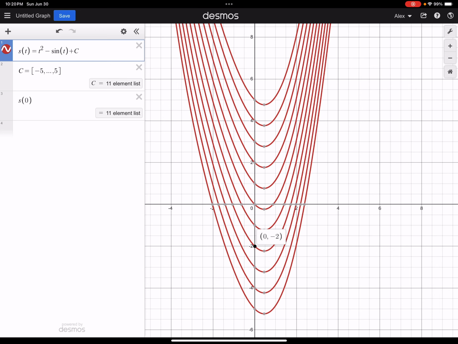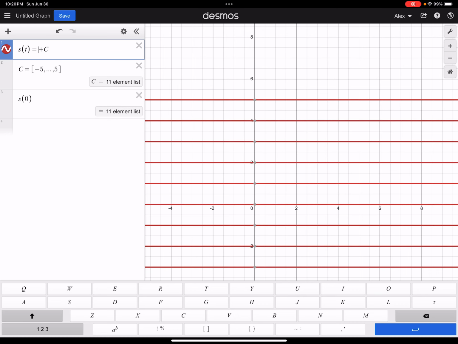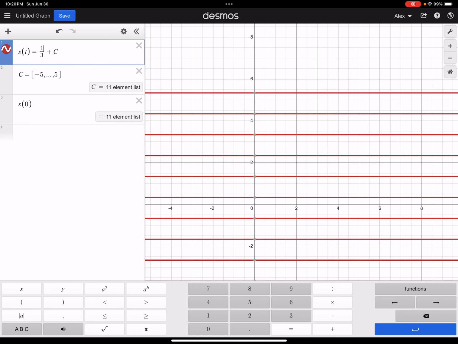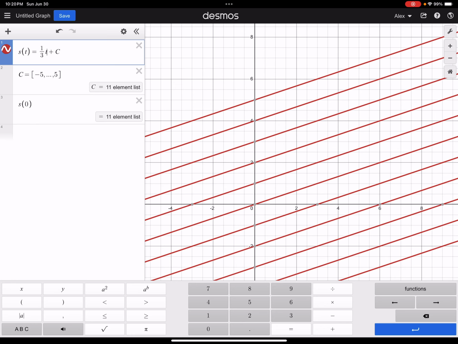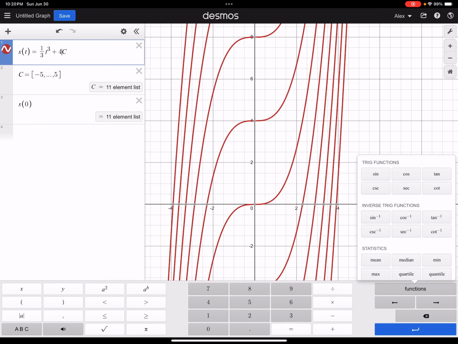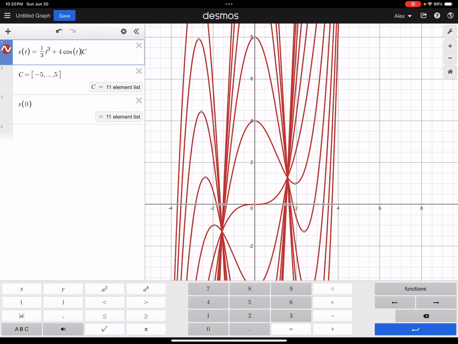And note in that case that, oh, sorry. This shouldn't have been t squared minus sine t plus c. This should have been 1/3 t cubed plus cosine of t plus c.